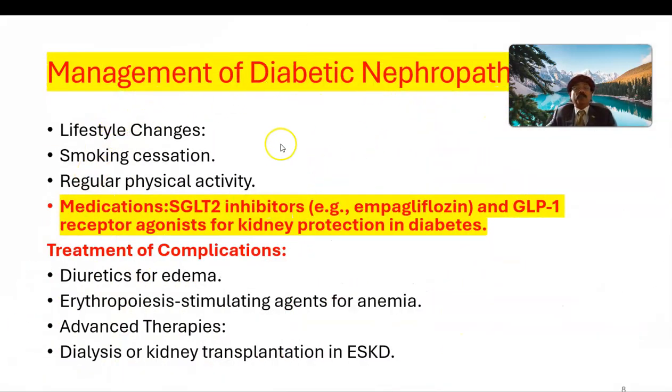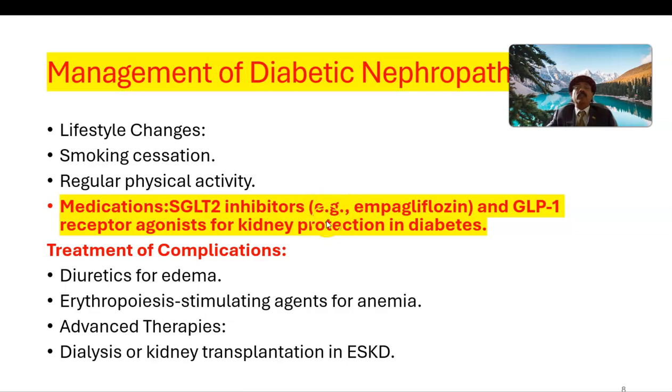Management of diabetic nephropathy: lifestyle changes, smoking cessation, regular physical activity, and medication that will protect the kidney, like SGLT2 inhibitors and GLP-1 receptor agonists for kidney protection in diabetes.